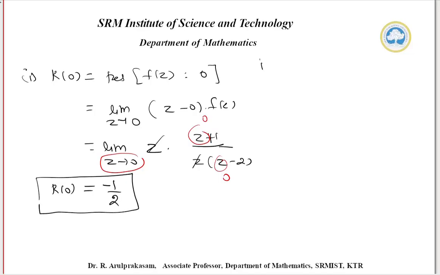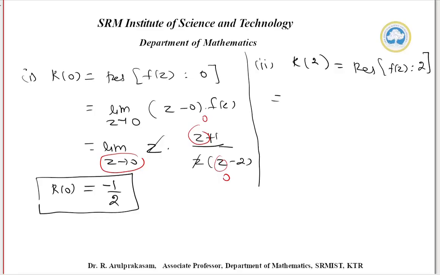In a similar way I find the residue value at the second pole. Find the residue at 2. I can denote it as residue of the function f(z) at the point 2; we can use any notation.